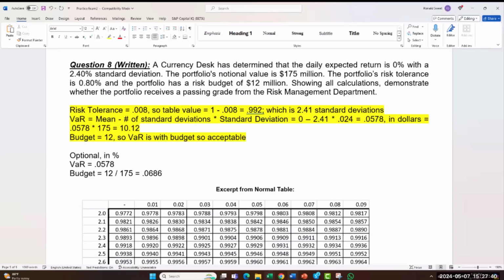So it's the same thing. You can do it in percentages or in dollars. Either is acceptable. I think on the application, y'all all did it in dollars, so you probably want to just stick with that. All right, that's the last one, right?